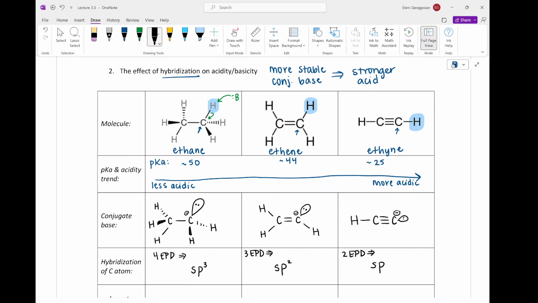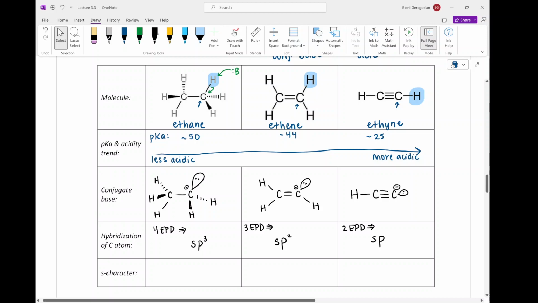Okay, let's talk more about the size of these orbitals, and we'll describe them as the amount of s character. In an sp3 orbital, we have an s orbital plus a p orbital plus a p orbital plus a p orbital. And that's how we get sp3. Those are all hybridized. So 1/4 of the orbitals is s, and so we'd say this has 25% s character.